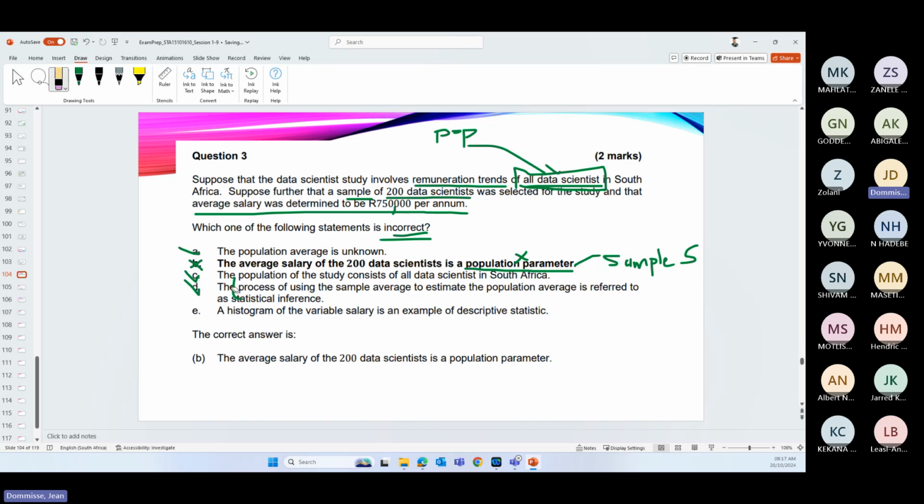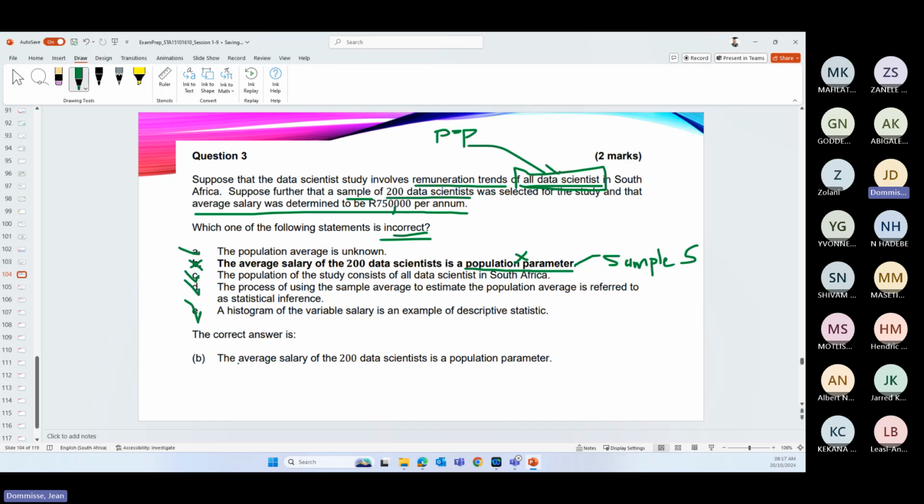So this again comes to some of the theory. We are going to infer from the sample average what the population average is going to be. So that is correct. And then a histogram of the variable salary is an example of descriptive stats.